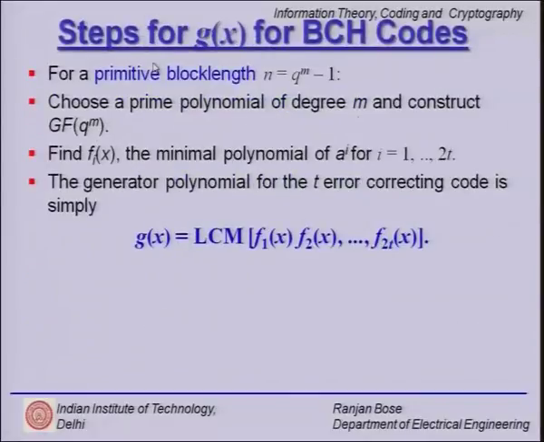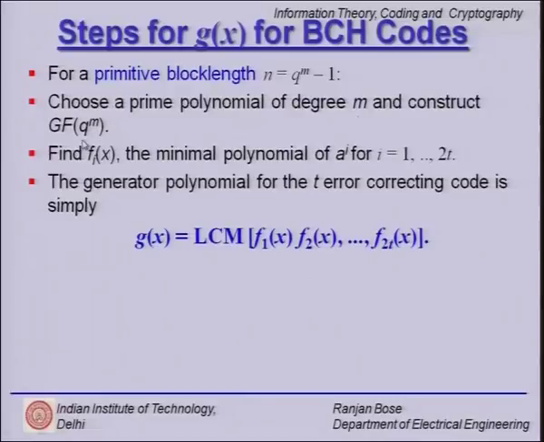So, how do we get a g of x for a BCH code? Well, we first set the primitive block length n equal to q raised to m minus 1, that is the starting point. Choose a prime polynomial of degree m and construct GF(q^m).